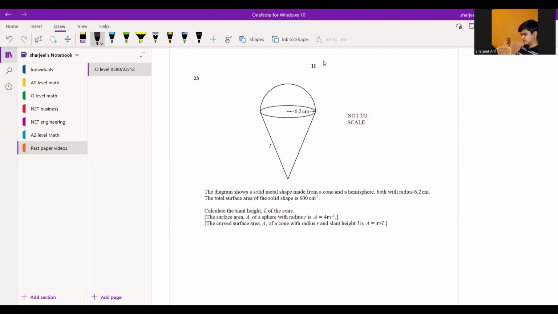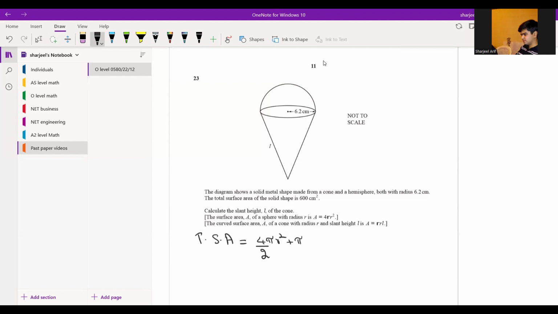So the total surface area for the diagram will be 4 pi r square, that's the surface area of the sphere. So we have to find the surface area of the hemisphere.